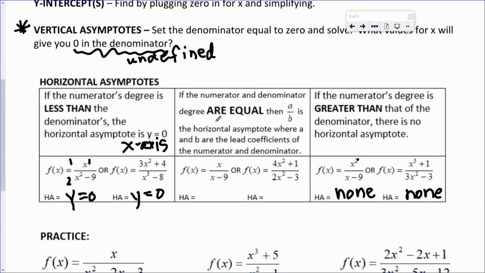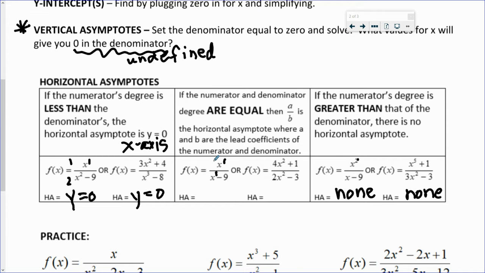If they have the same degree? This is the interesting part. Then what we do is we take the leading coefficients of that term. That means we take the coefficient of the term with the biggest exponent. So here, in this particular case, x to the 1, x to the 1, we can see that they have the same degree.